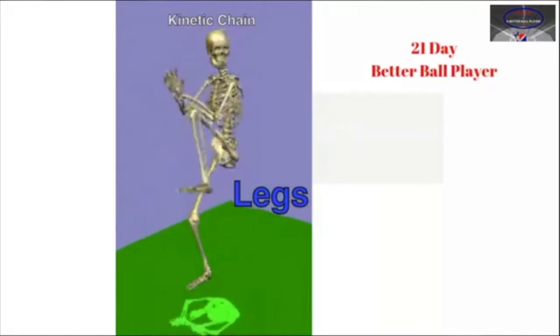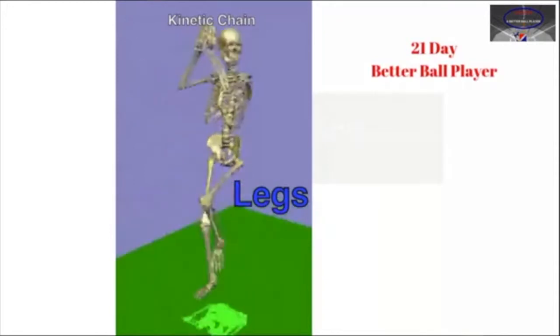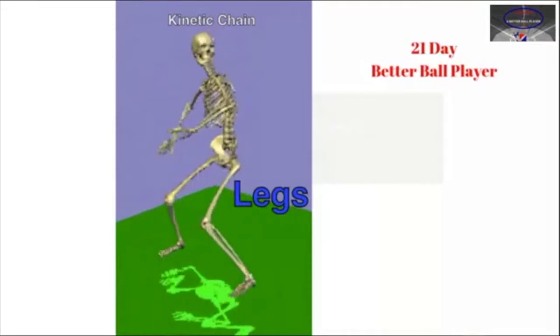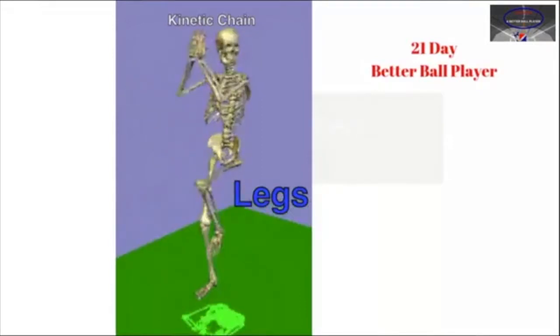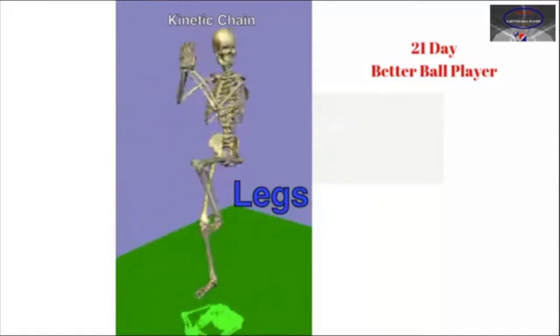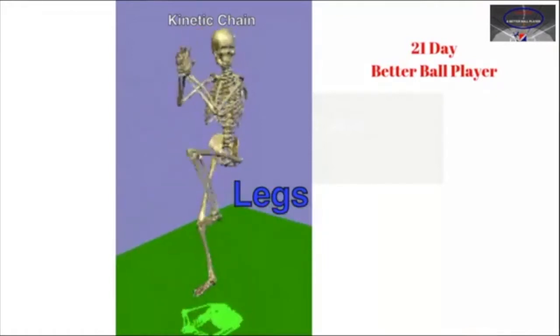Or when he throws, before his front foot lands, do I see the heel come up? Is there something else that I see? Might I see his toes flip up in the air a little bit? Do I see him rock back a little bit so that his foot is wobbling somewhat? And so I'm going to start looking for that. That's the very first area that I look for.